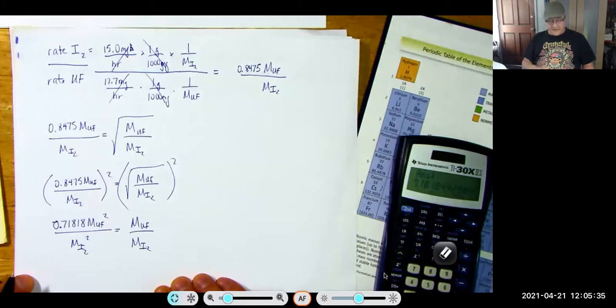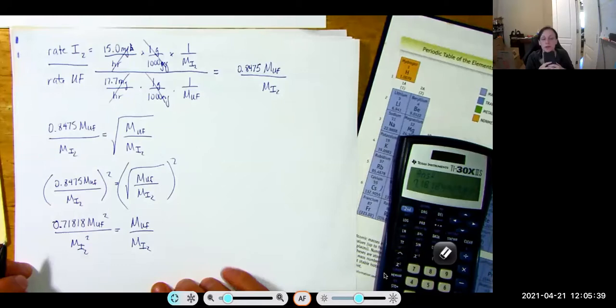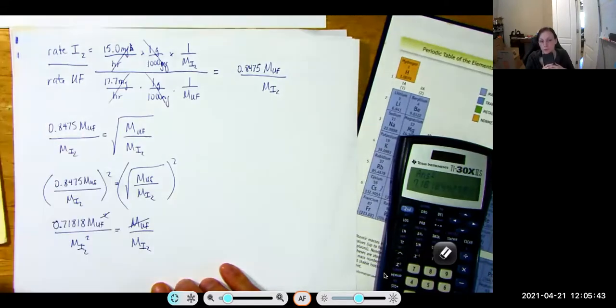So how do we simplify this part? We cancel one molar mass of UF and one molar mass of I2.